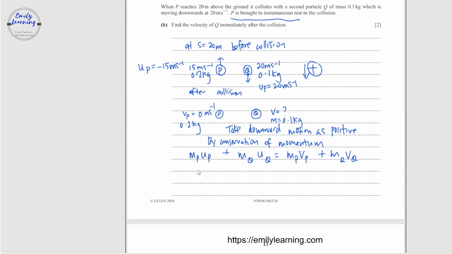So let's put in, mass of P is 0.2, times negative 15, plus 0.1 times 20 equals 0.2 times 0 because it's instantaneously at rest for P, plus 0.1 times VQ. So I need to find VQ.